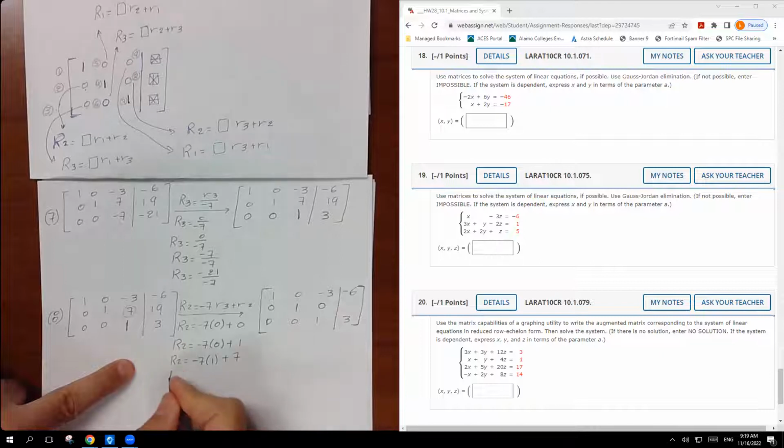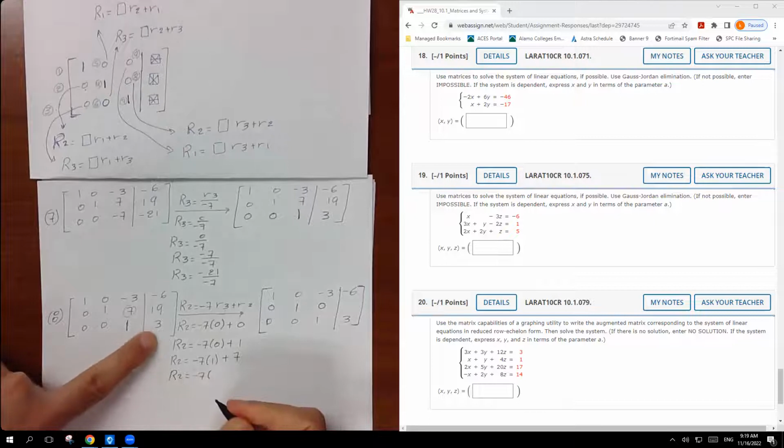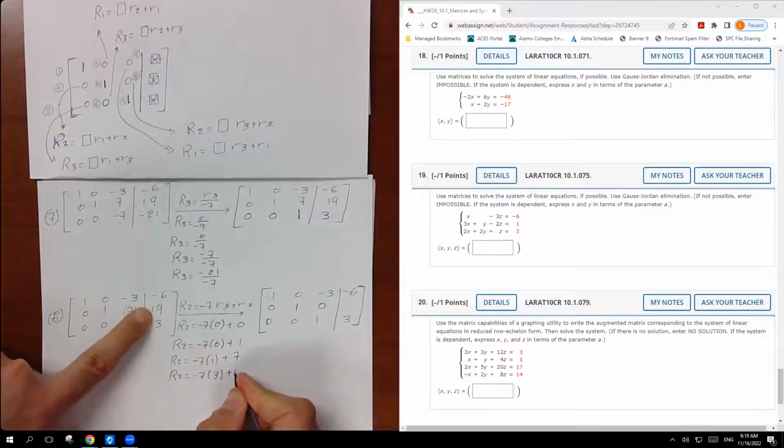Let's keep going. The last element is going to be -7 times R3, which is 3, plus R2, which is 19.